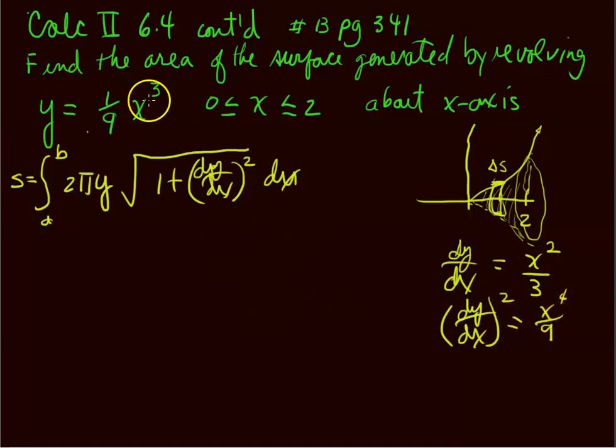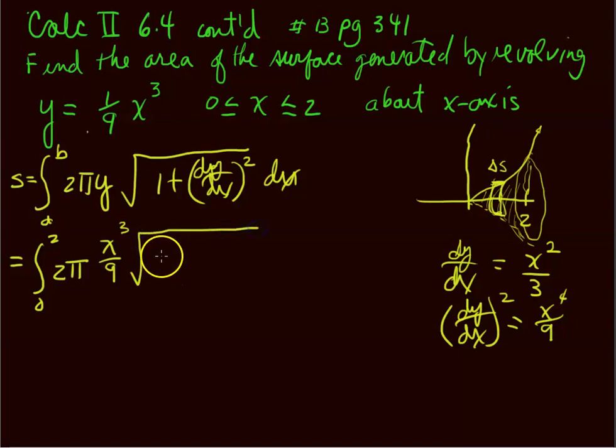And y is x cubed over 9. So the integral goes from 0 to 2, because it's dx. 0 to 2, 2 pi, not y, but y is x cubed over 9, times the square root of 1 plus this dy dx squared, which is x to the 4th over 9, dx.